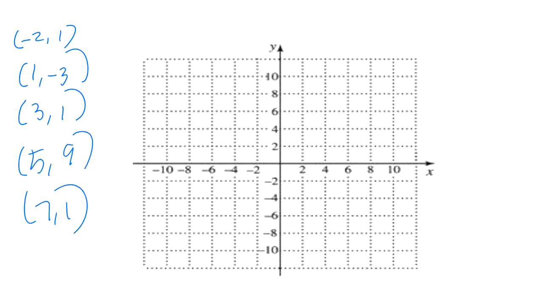Okay, so -2, 1 is about here, and then 1, -3 is around here, 3, 1, and 5, 9 is right around here. And 7, 1. And this is the graph.